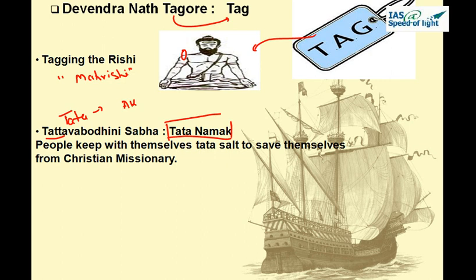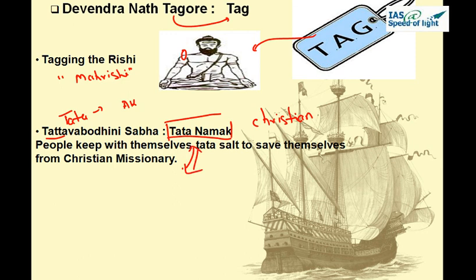The information which we want to remember for Tattva Bodhini Sabha is that its purpose was to keep people and save the Hindu religion from Christian missionaries. How to remember it: people keep Tata salt with themselves to save themselves from Christian missionaries, so that they cannot convert them to be Christian.